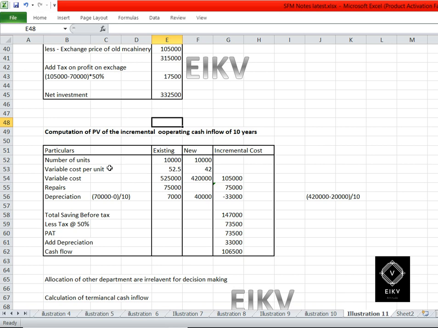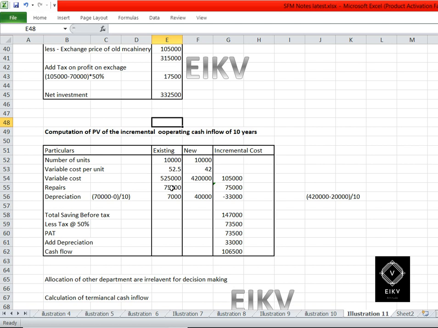The number of products produced will be 10,000 each, and the variable cost excluding fixed cost is 52.5 for the existing machinery and 42 for the new machinery. When we multiply the variable cost with the units produced, we get 5,25,000 and 4,20,000. When we take the incremental cost, which means existing minus new machinery, we get an amount of 1,05,000.